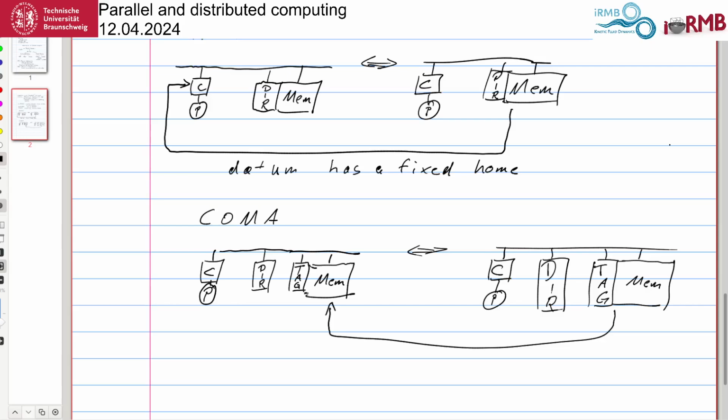So the tag is saying, this is actually for you, or for this position. Remember, you're in a post office. There are some shelves for the different people, and there's written here's Professor Geier, here's Dr. Schönherr, and so on. Now you can put the post for me there.